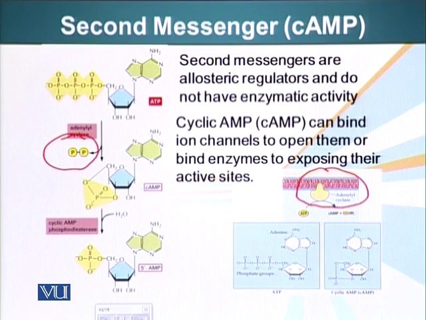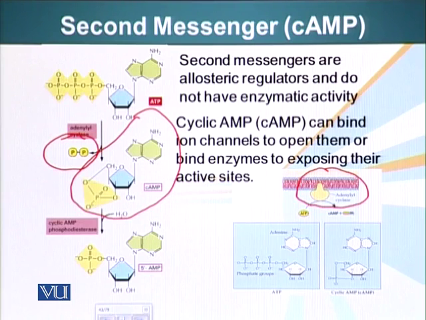So this cyclic AMP is a secondary messenger. We talked about small messenger molecules that do not have any enzymatic function of their own, but they modify effects or actions of other proteins. So this cyclic AMP is in that category.